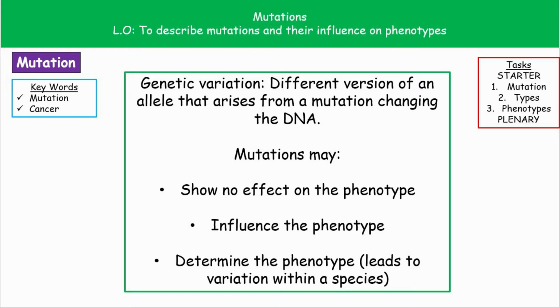It may influence the phenotype, so it might be a contributing factor, but not the overwhelming deciding factor, if you like. So it might just give a little bit of a change. Or it may overall determine the phenotype. And it's that last group there, where the mutation determines the phenotype, that we get those variations within a species. So make sure you've got those points written down. I'll leave it up for another minute and a half.